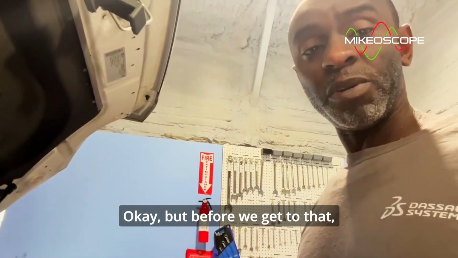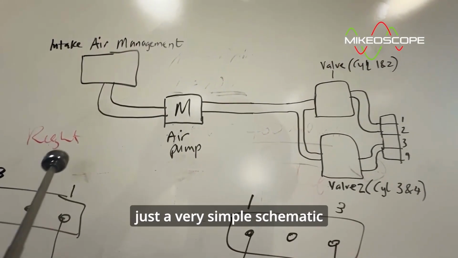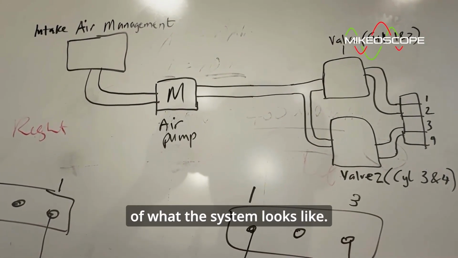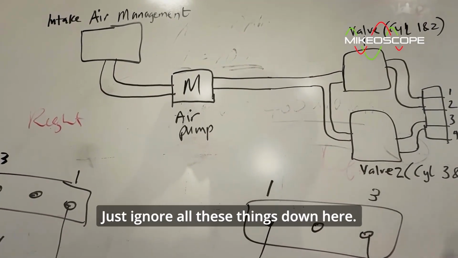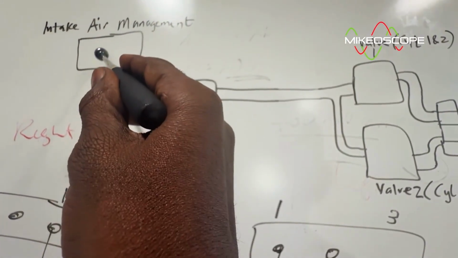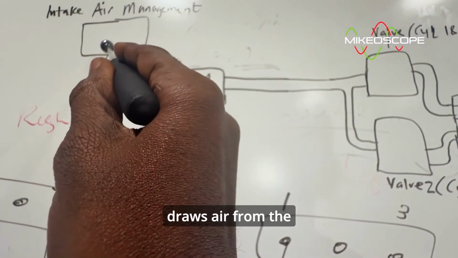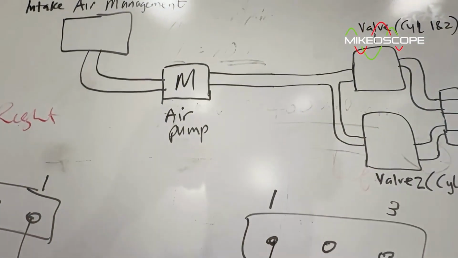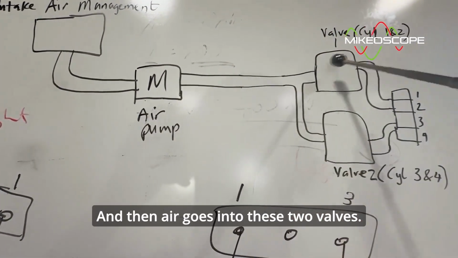Okay. But before we get to that, let me show you how this is laid out real quick. All right, so here's just a very simple schematic of what the system looks like. Just ignore all these things down here. This is not relevant. But basically, this is the air pump, and there's a suction side that draws air from the intake system right here. And then the air goes into these two valves.